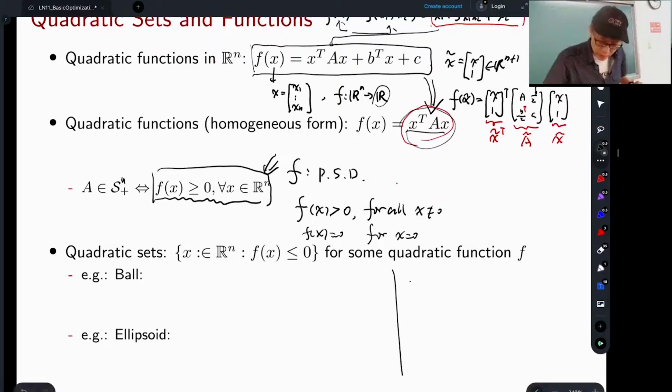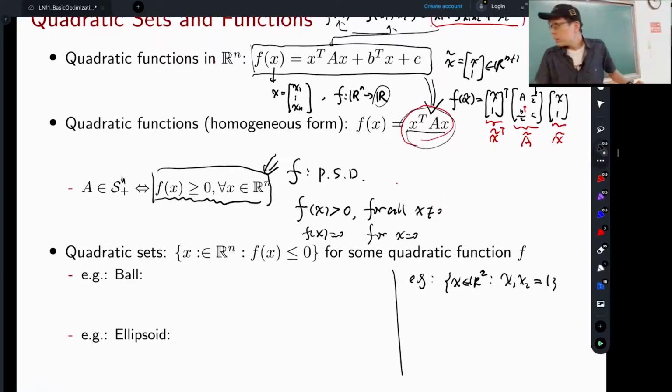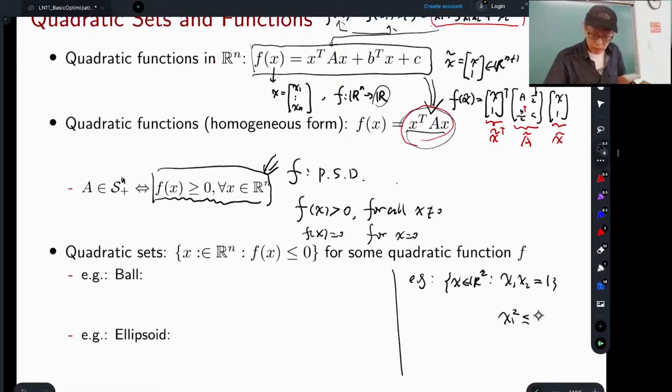For example, let's say x1, x2 equal to 1 or less than or equal to 1. Well, that's a quadratic set because it's the level set of a quadratic function. Or x1 squared less than 2. This is a quadratic function.